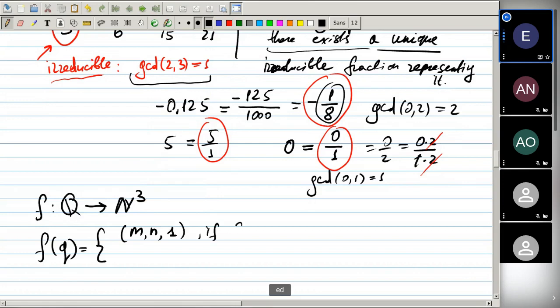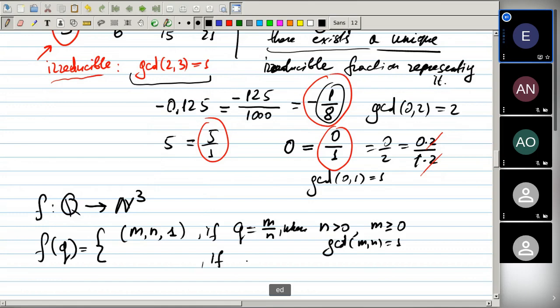If q equals m over n, where n is positive, m is positive or 0, and of course this fraction is irreducible.